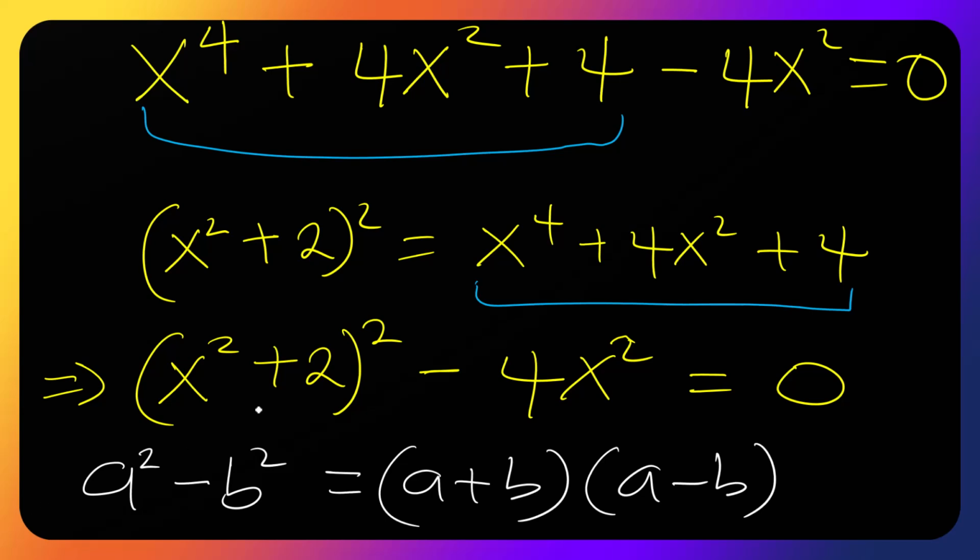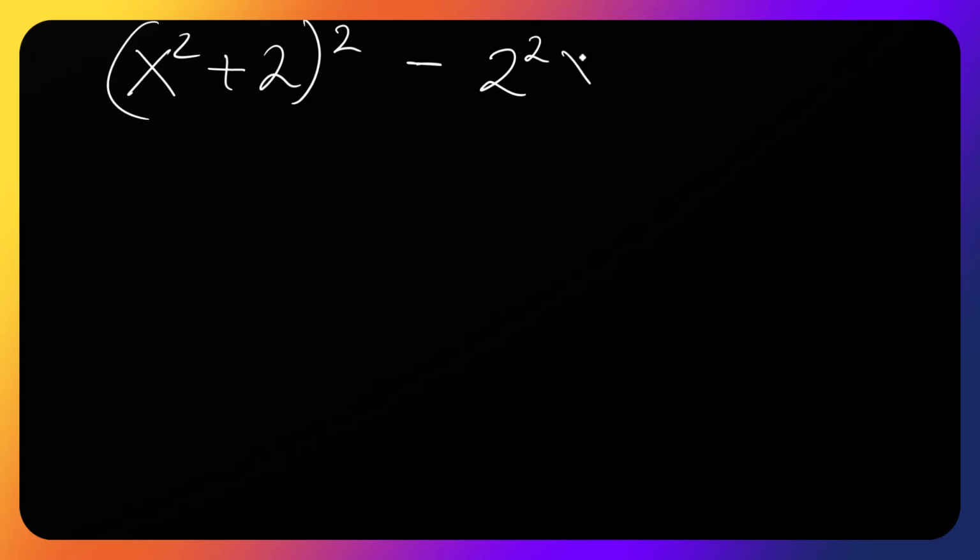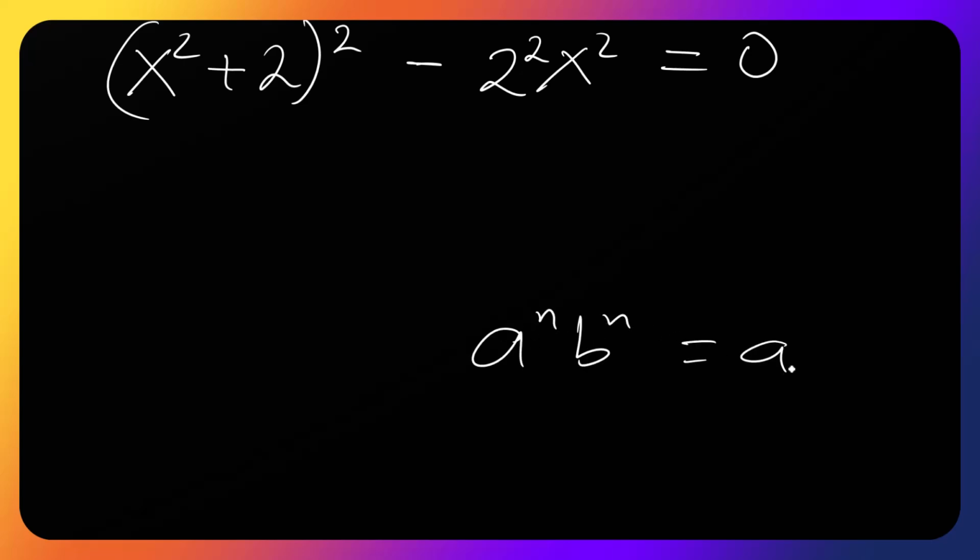So what I will do is to treat this, so that is x squared plus 2 all squared minus, so instead of 4 I'll make it 2 squared, 2 squared x squared equals 0. Now when we have a to the power n, b to the power n, the same as ab all to the power n.